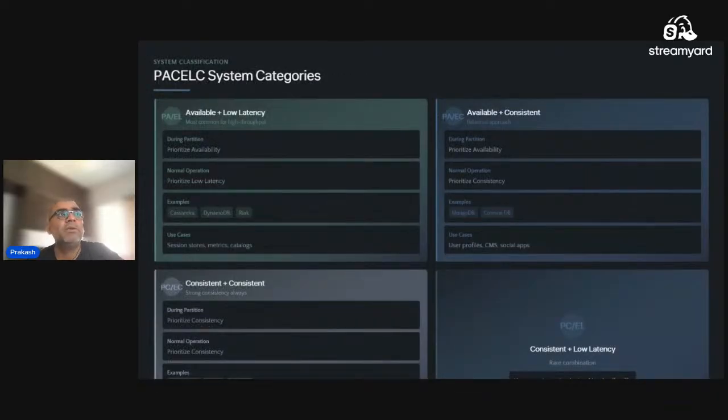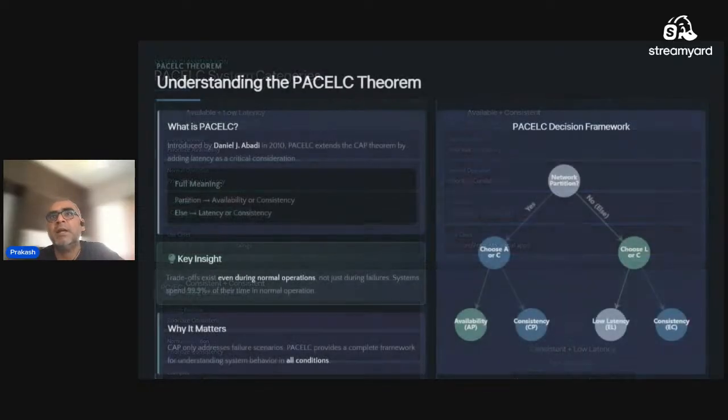Availability and low latency give you low latency as well as availability. The next is availability and consistency, so it's balanced, a mix of both. In those cases you'll prioritize consistency, and during partitioning issues you will prioritize availability. So it's a combo approach, a mix and match that we talked about here.